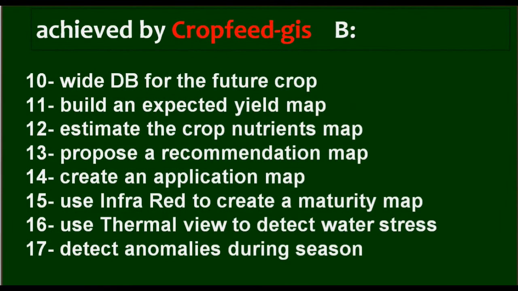The platform also proposes a wide database for the future crop, builds an expected yield map, estimates the crop nutrient requirement, proposes a recommendation map, creates an application map, uses infrared to create a maturity map, uses thermal view to detect water stress, and detects anomalies during the season.